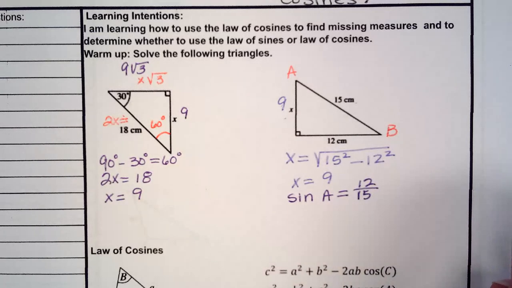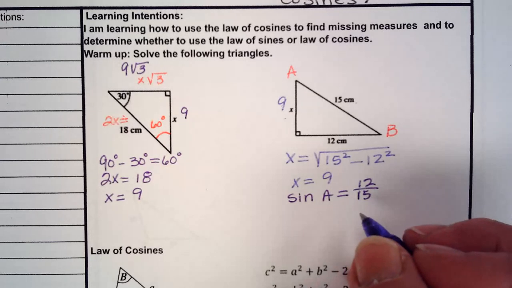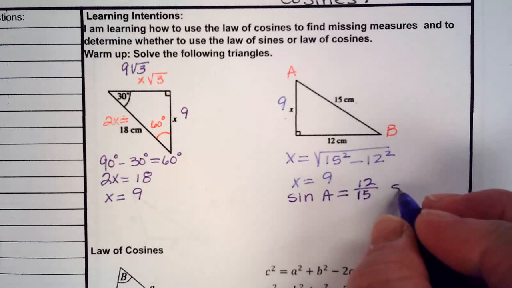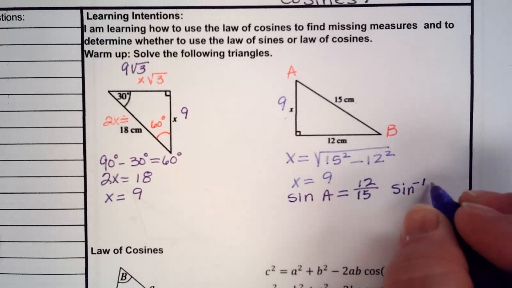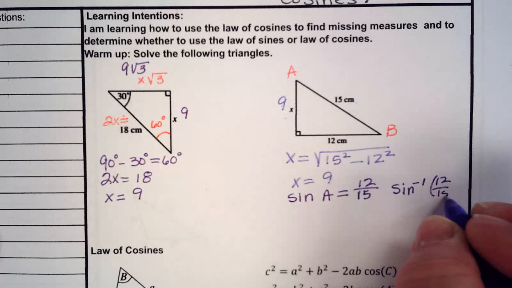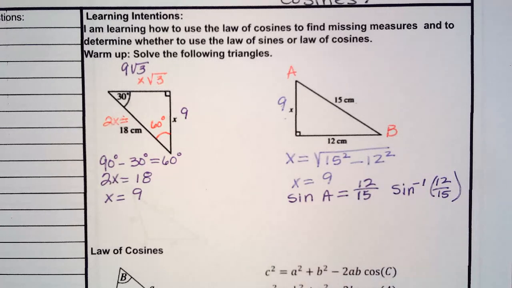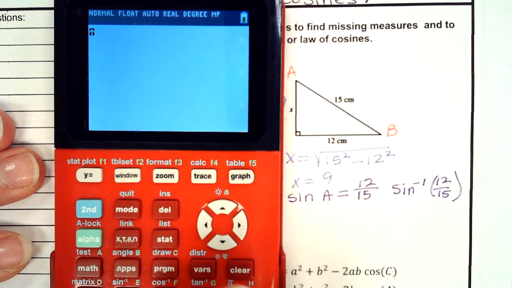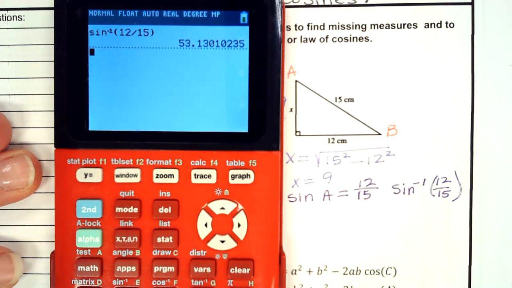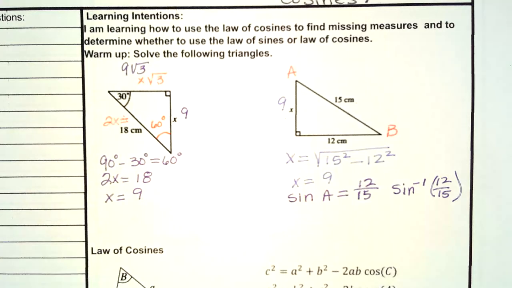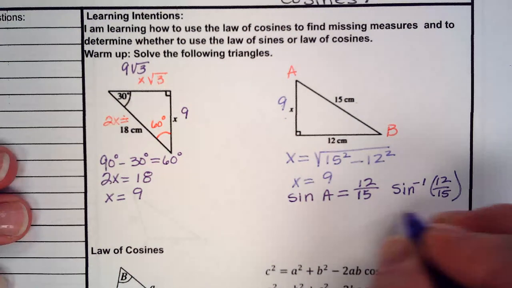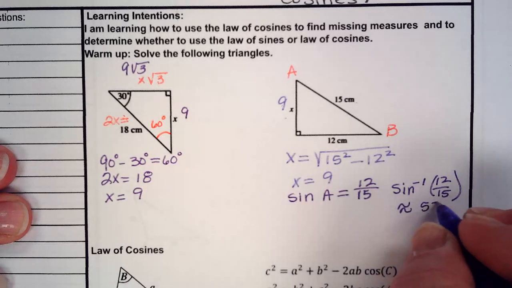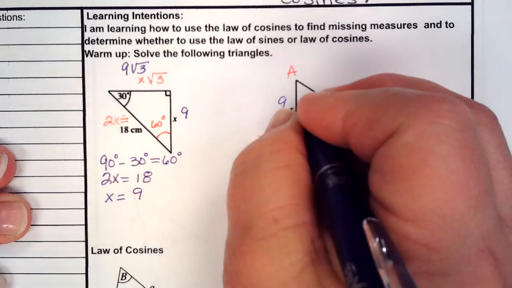Now, if I was looking for the fraction, I would have to simplify. But since I'm looking for the angle measure, I simply take sine inverse of 12 divided by 15. So I'm going to do second sine 12 divided by 15, close it off, and I get 53.1. So it is about 53.1 degrees.